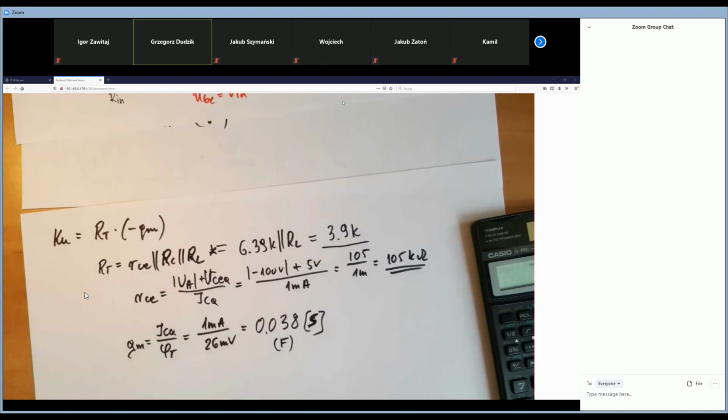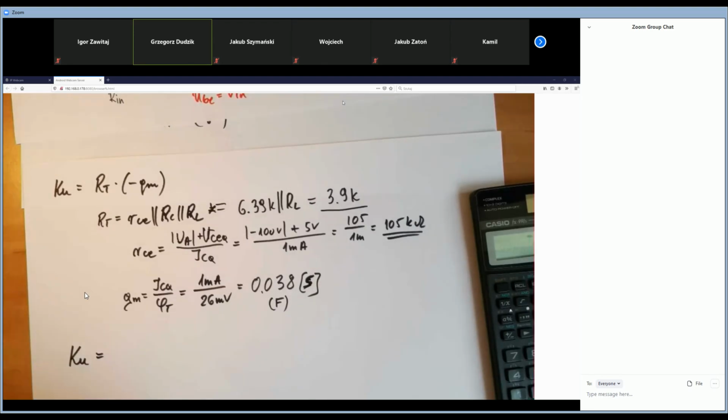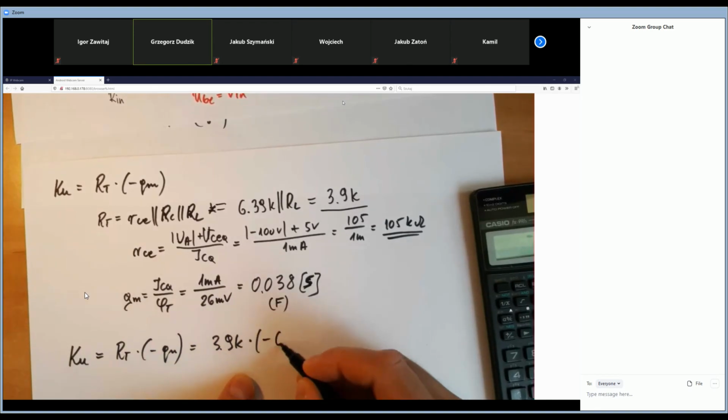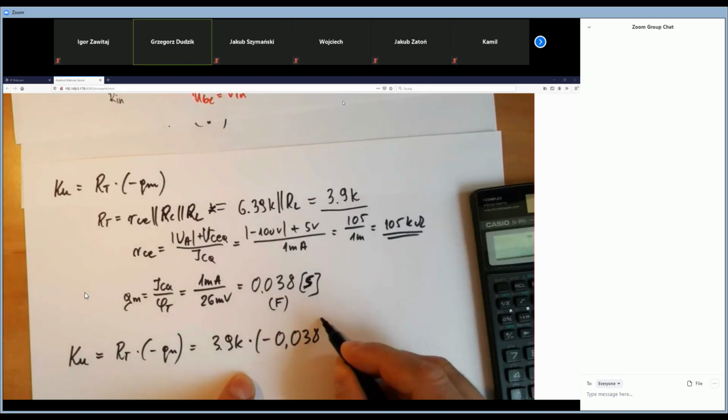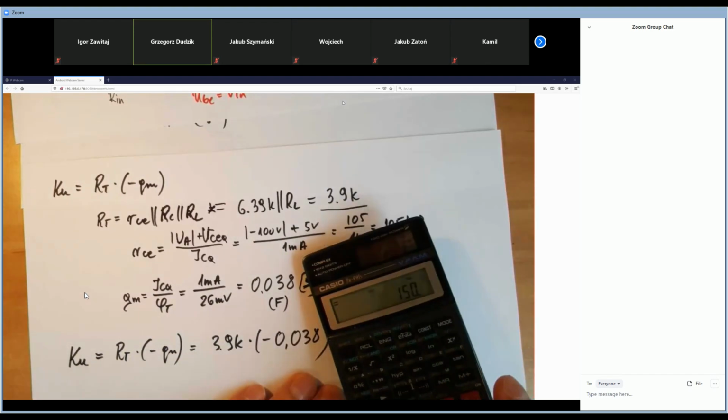So we can find what is the voltage gain here. This is the RT times minus GM. So this is 3.9K times minus 0.038, which is about minus 150.